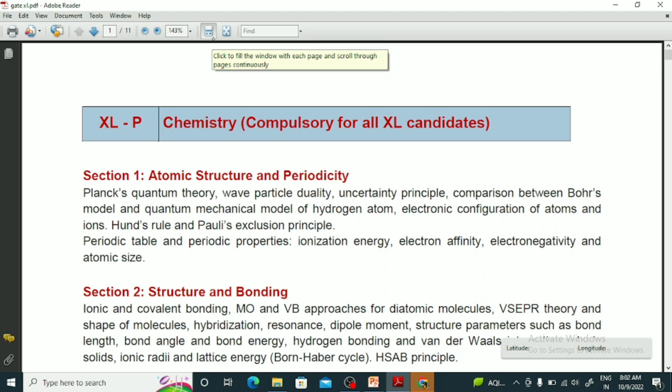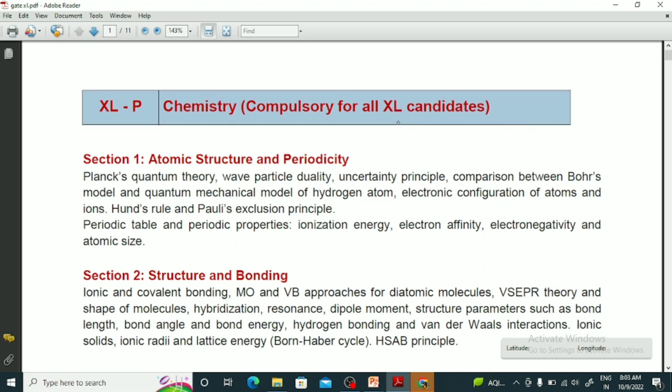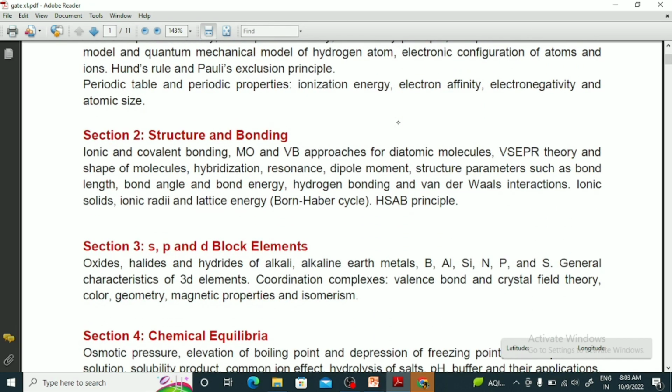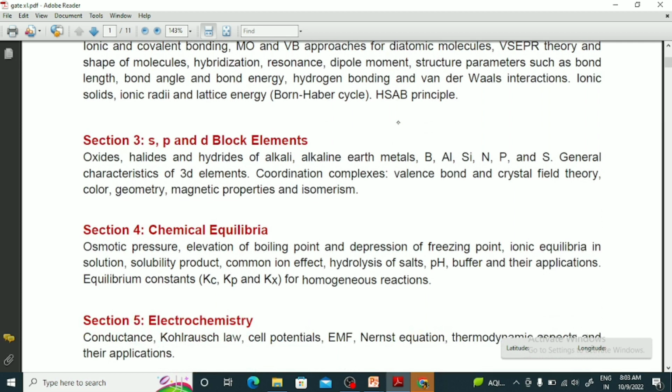We have majorly 5 sections, in which the first section is XL-P, which is the chemistry section and is compulsory for all the students applying in the XL exam, that is the life sciences examination. Section 1 is atomic structure and periodicity. Then we have structure and bonding.